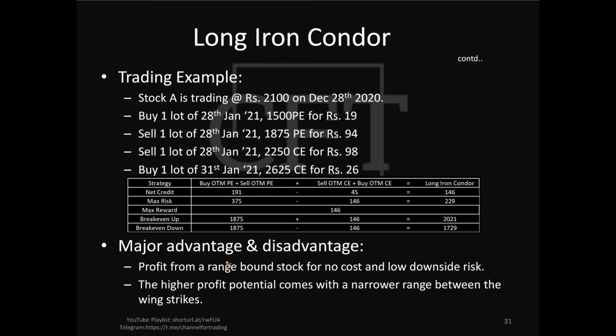The advantage is profit from a range bound stock for no cost and low downside risk. The higher profit potential comes with a narrower range between the wing strikes. That is a disadvantage because the maximum potential is very hard to get. We have to be so sure of the range, it should be within that narrow range, so it is very difficult to achieve, and the higher profit will come only then.